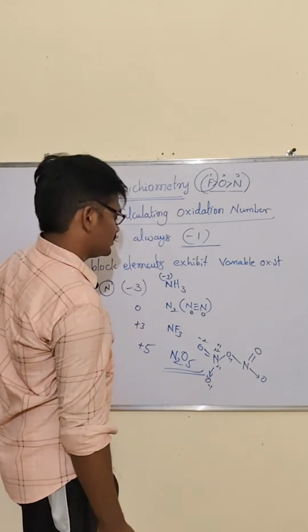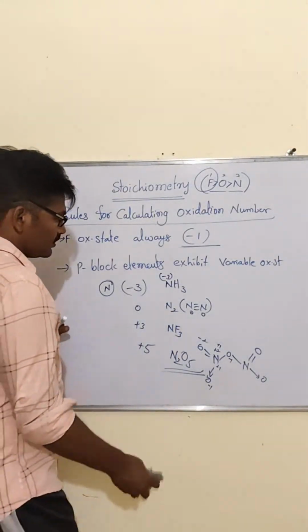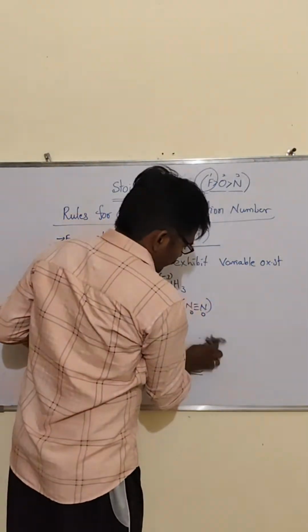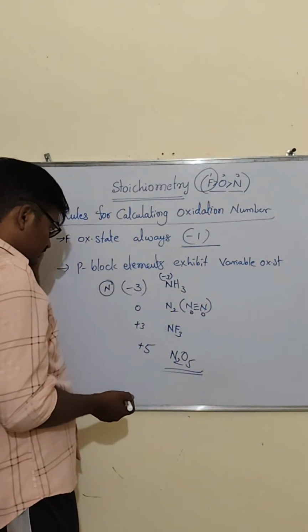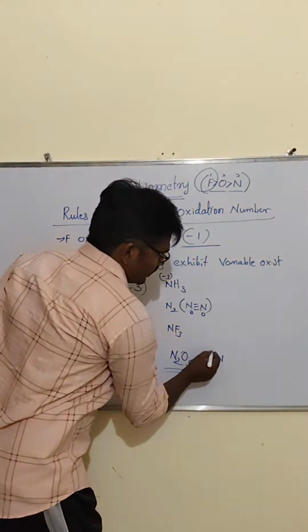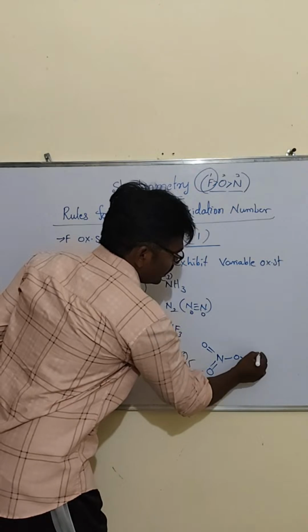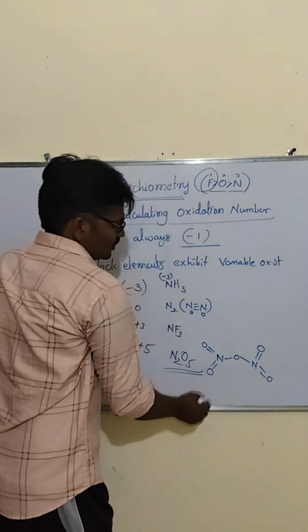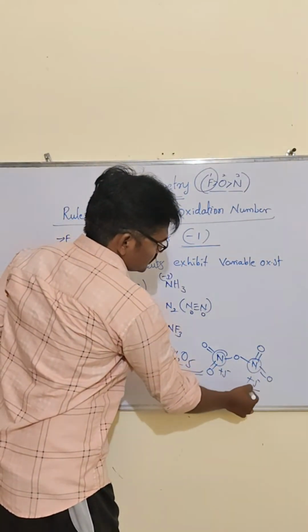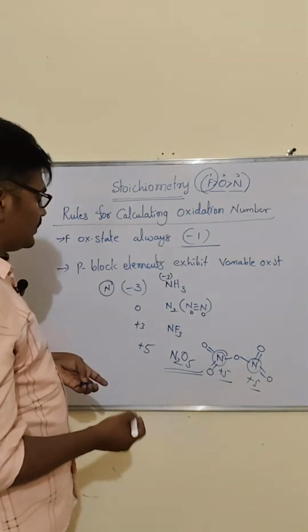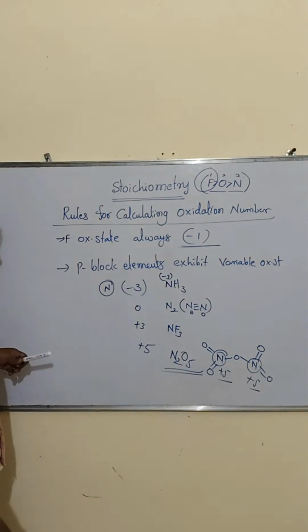So in the N2O5 case, oxygen exhibits -2 oxidation state. So nitrogen, +5 oxidation state it can exhibit for this. Clear? So like this, it exhibits different oxidation states.